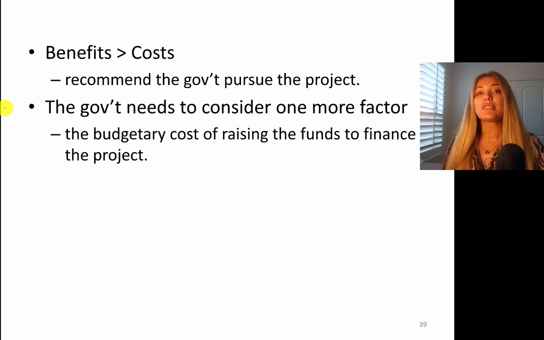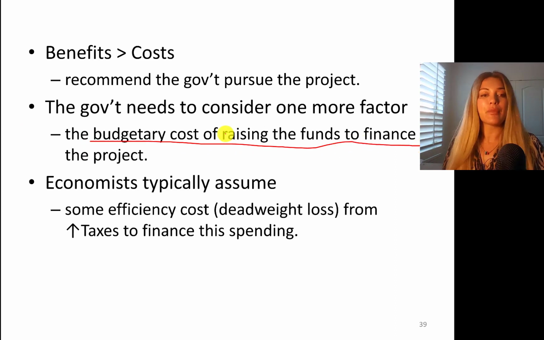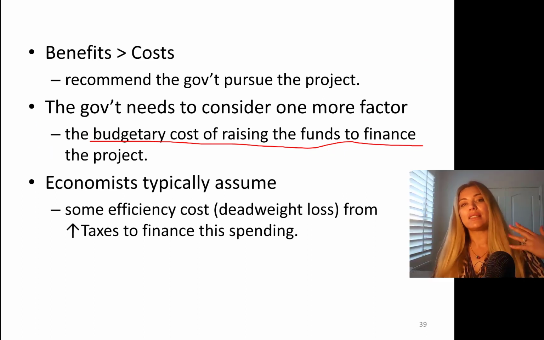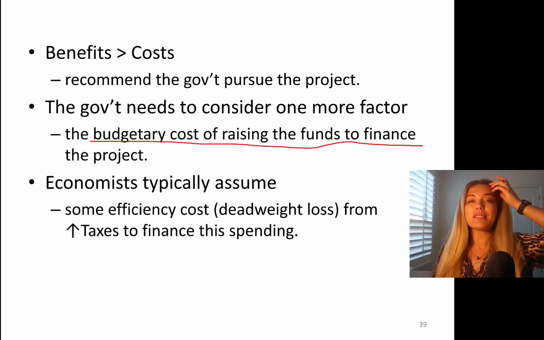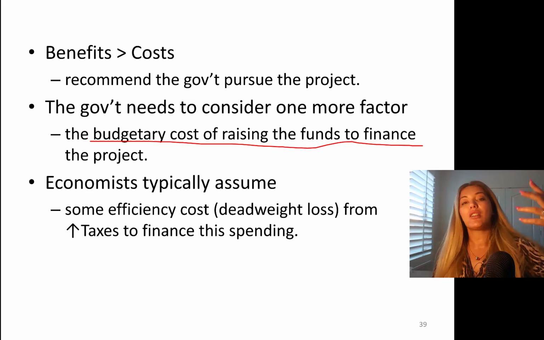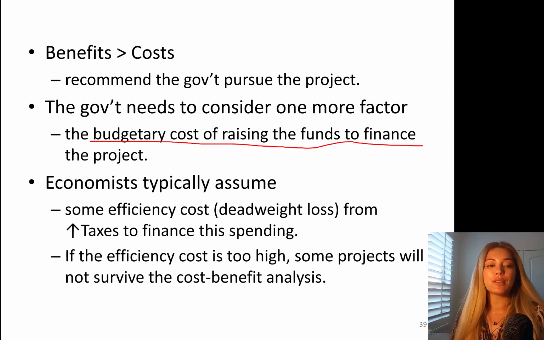So government needs to consider one more factor. This is the budgetary cost of raising the funds. So where do you get the money, revenue, right? Taxes. So economists, we typically assume that there will be some efficiency costs that will be lost from increasing taxes to finance this spending, of course. So if the efficiency cost is way too high, some projects will not survive the cost benefit analysis.